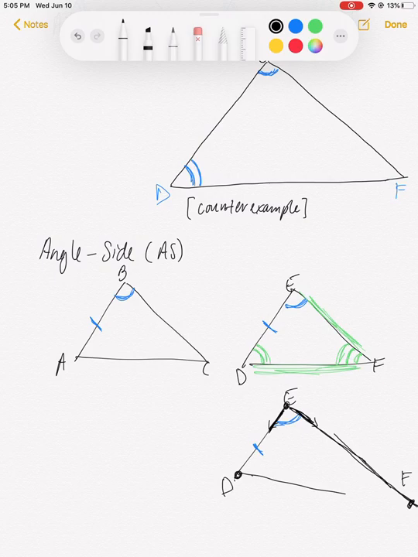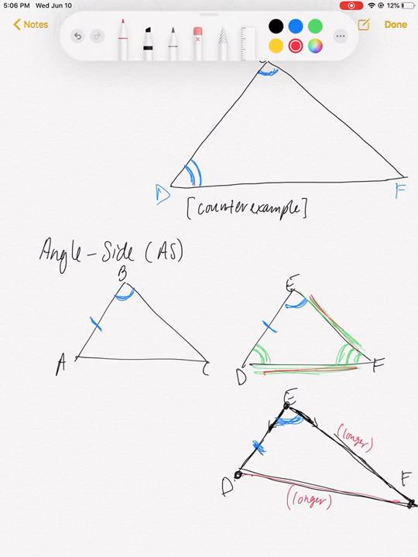Now, what did it do to everything else? I'm going to complete my triangle. I have not changed my angle or my side. That's still the same there, and that's still the same there. DF is now longer, because it used to be this big, now it's this big. EF is also longer.